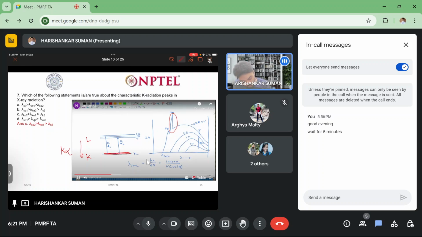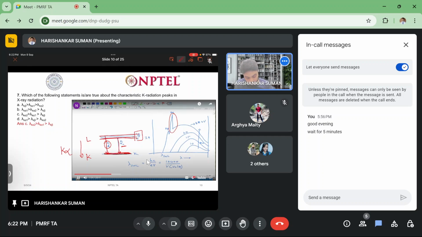For L there are subshells L1, L2 and L3. If the transition is from L3 to K, that corresponds to K alpha 1. If the transition is from L1 to K, that corresponds to K alpha 2.